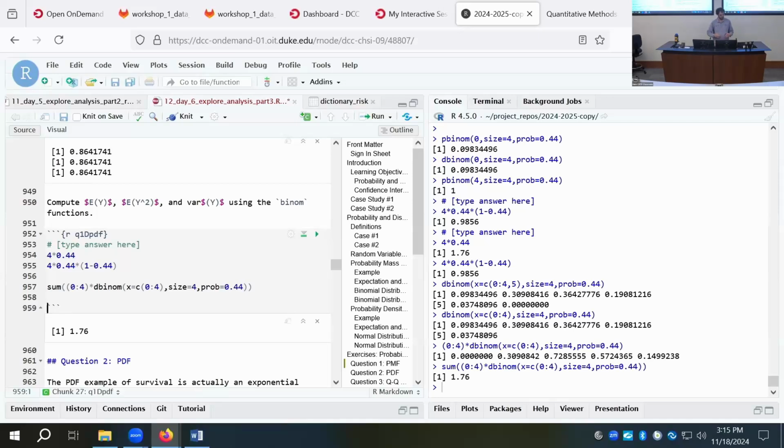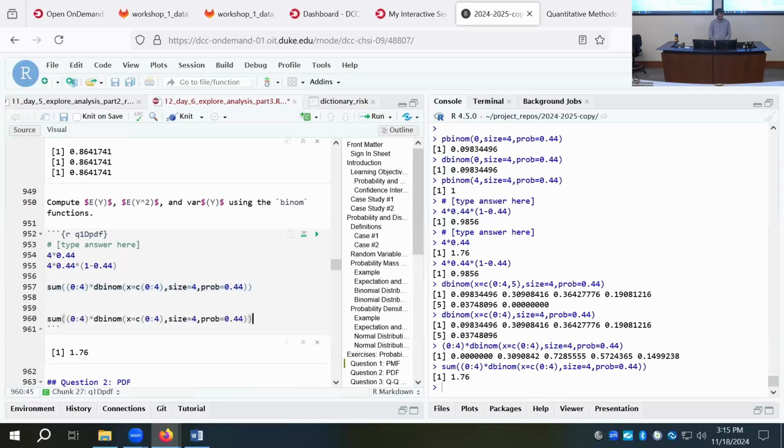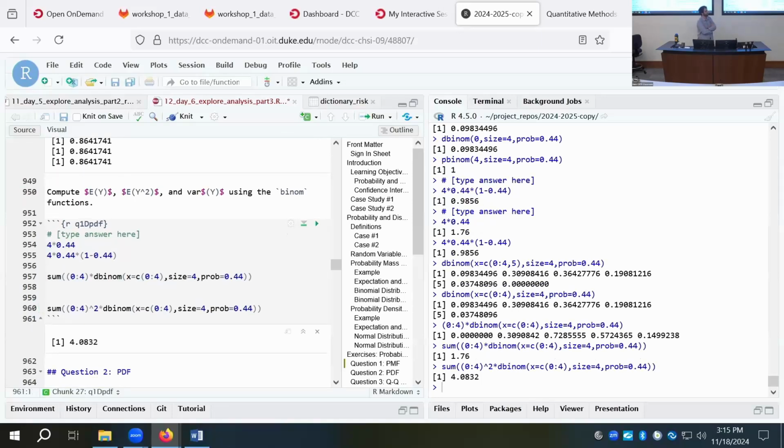Okay. We can do basically the same thing for the second moment. Right? So I'm going to copy this, and basically all I'm going to do is add a caret, which tells it to square, and I'm going to now sum this. So that's going to give me the second moment, 4.0832, right?